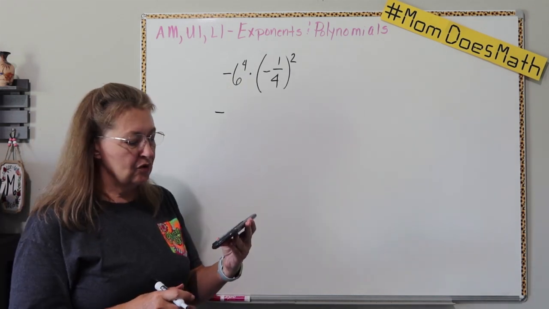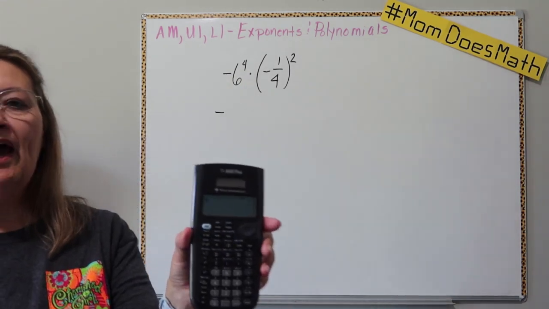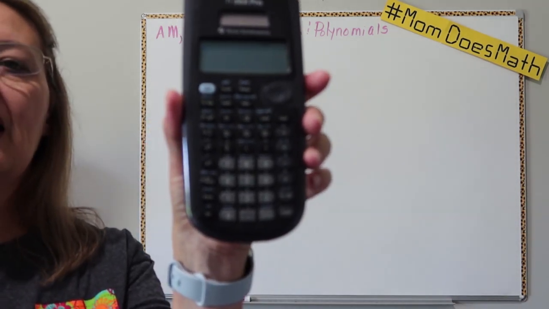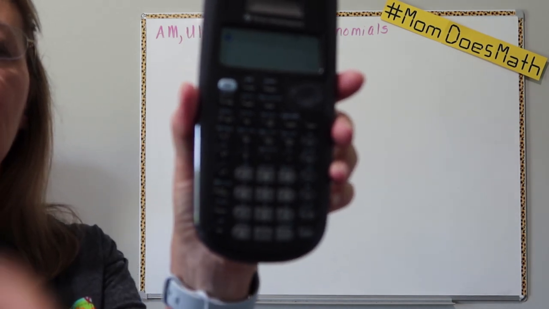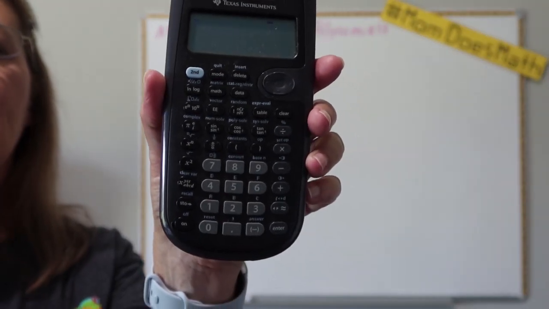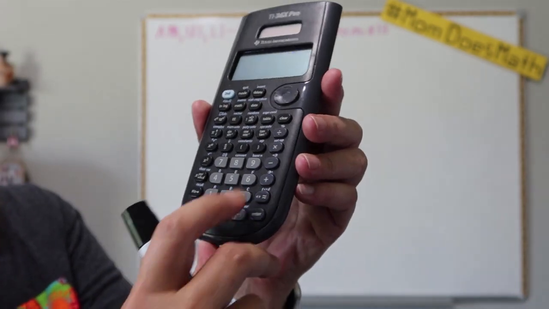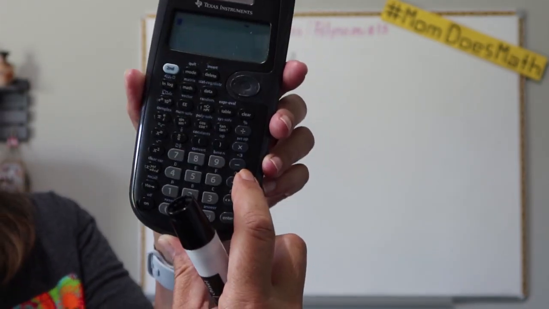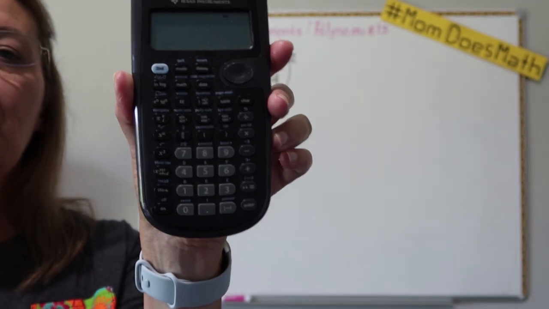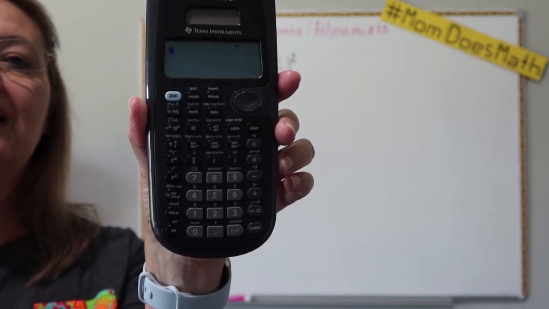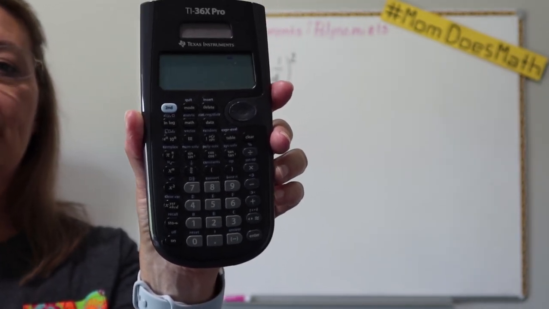Now, one thing I do want to remind you, on your calculator, the minus sign is not the same thing as the negative sign. This is your negative sign. This is your minus sign. So if you try to put that minus sign in there when you actually mean negative, it will give you the wrong answer.